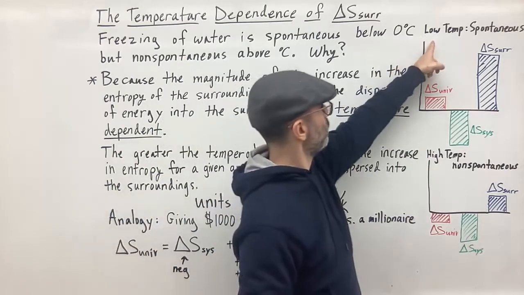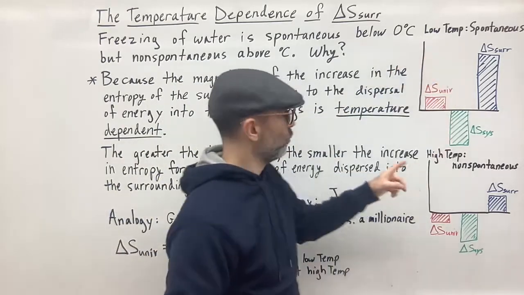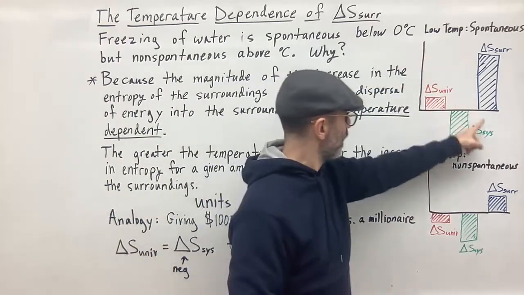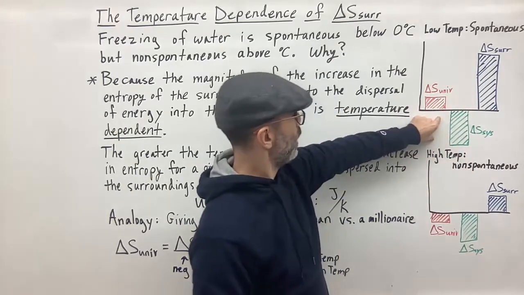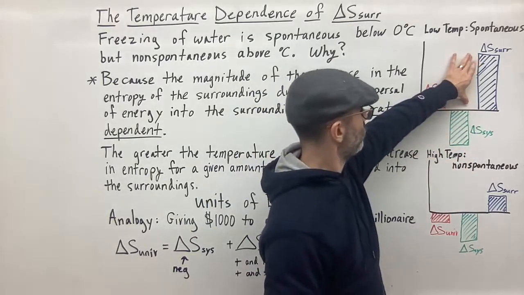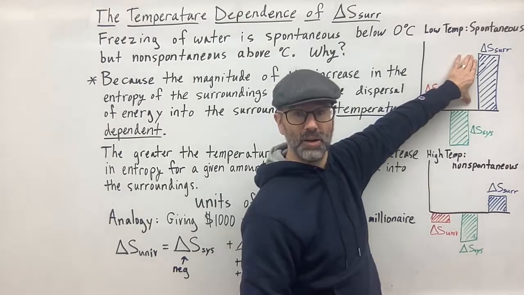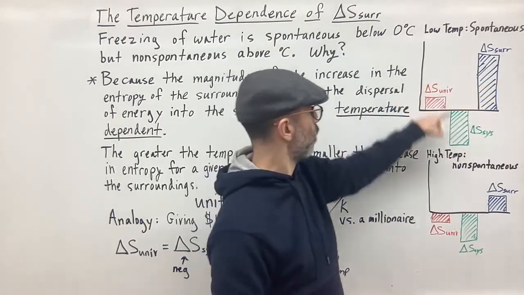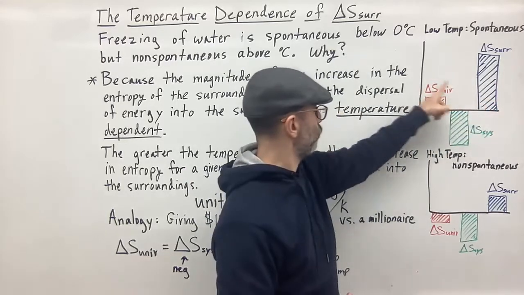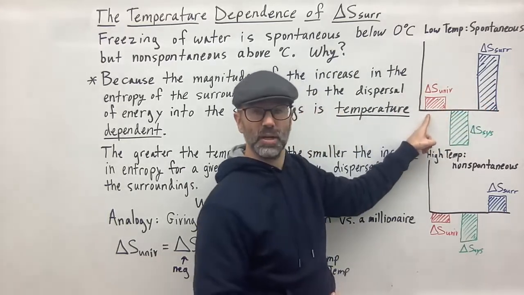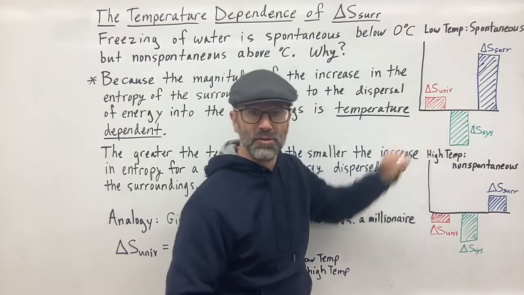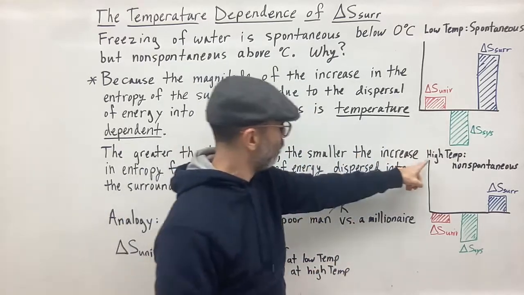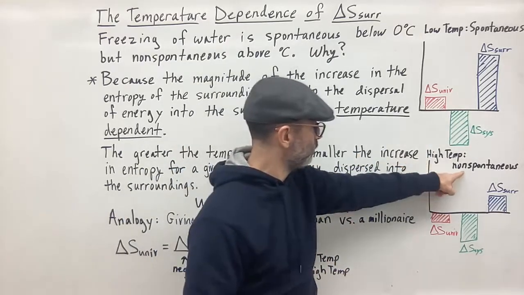At low temperature, it's spontaneous. Why? Because the entropy of the system is negative, and compared to it, the entropy of the surroundings is positive and greater, right? So adding these together gives you an overall positive entropy of the universe. If we look at high temperature, it's not going to be spontaneous.